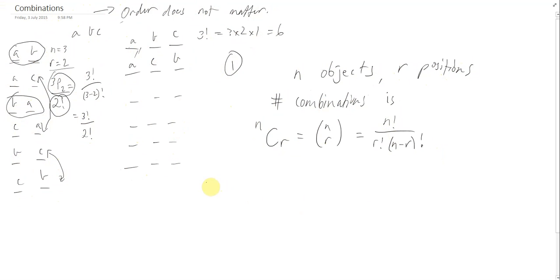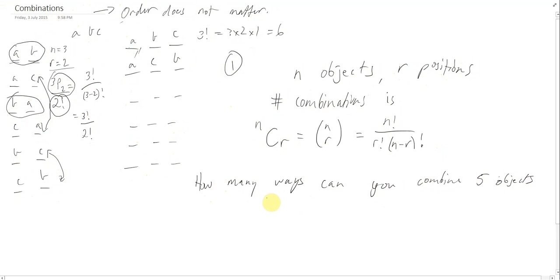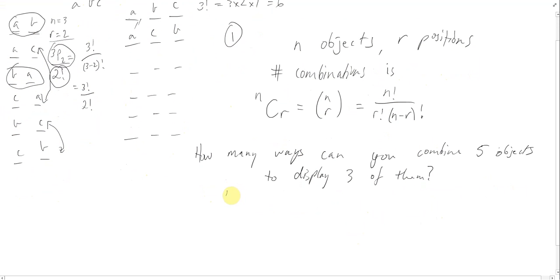So here's an example. How many ways can you combine 5 objects to display 3 of them? That's pretty easy. In this case, we've got n being 5, we've got r being 3, and we're talking combination, not permutation.